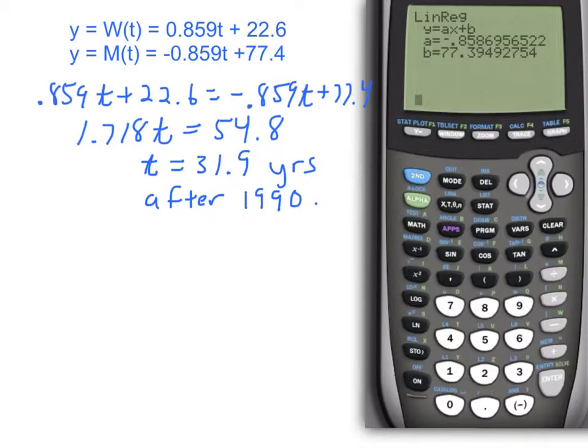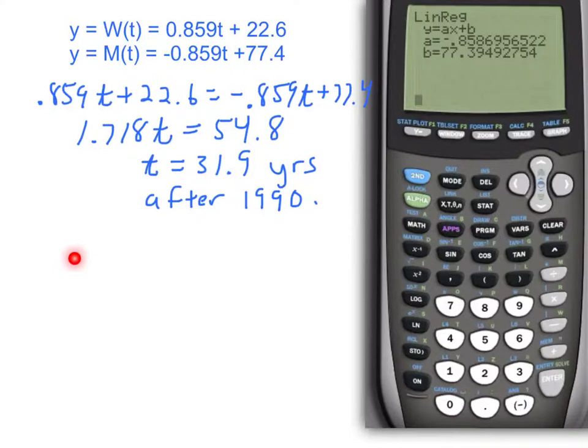And now as far as what the percentage would be, we can take that answer for t, 31.9, and substitute it in for t into either one of the two original equations. And when we do that, we get y equals 50, or very close to it.